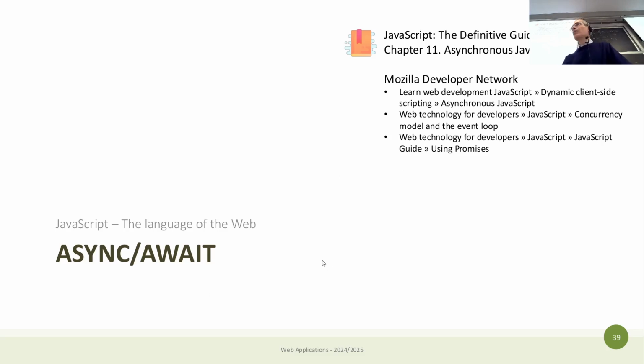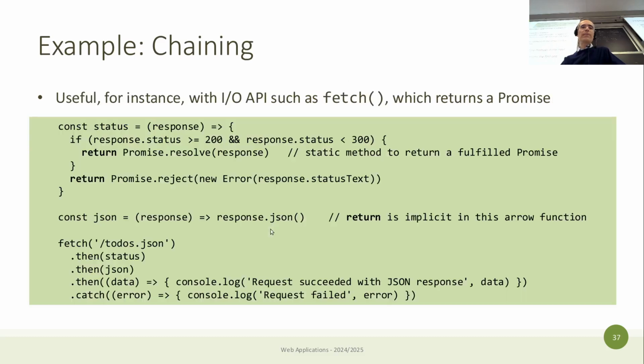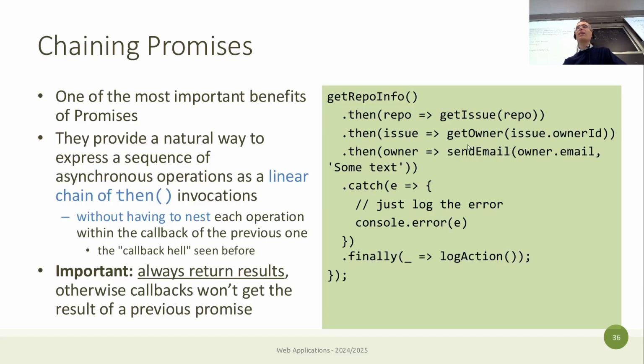Okay. So we have promises now. Okay. And you saw they are already a good step forward, and it means that we can write things sequentially instead of nesting things, which is already a good thing for programming. Okay. But we can do better. Okay.